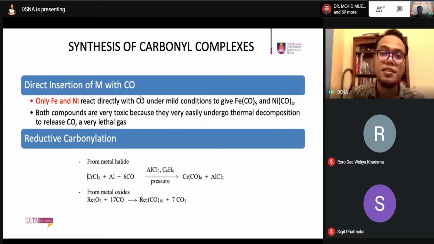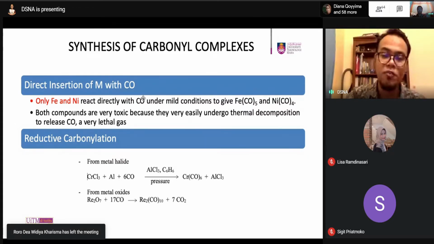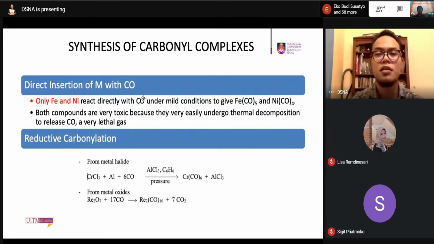That is the fundamental knowledge that we need in order to understand the formation of complexes. The formation of complexes consists of two main steps: the donation of electrons from carbon monoxide, and also the back donation of the electrons from the filled orbital of the metal to our carbon monoxide.